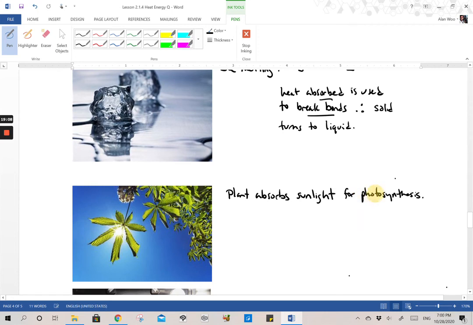Okay. And of course, they use photosynthesis to make energy for the plant. So this is a chemical reaction or a chemical change. So if they're absorbing, this is the only reason why it's considered to be an endothermic reaction.